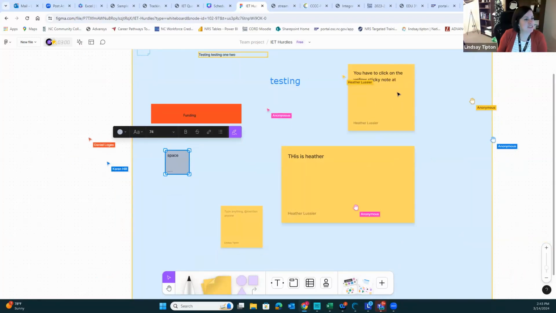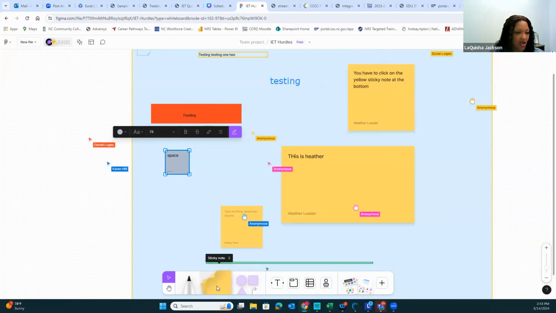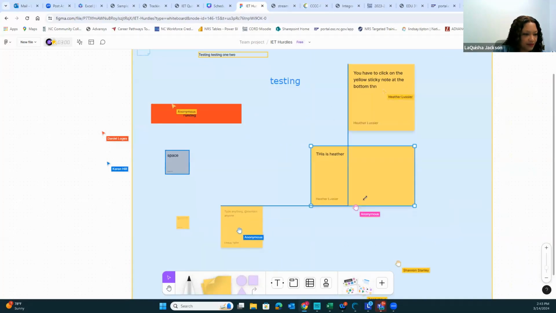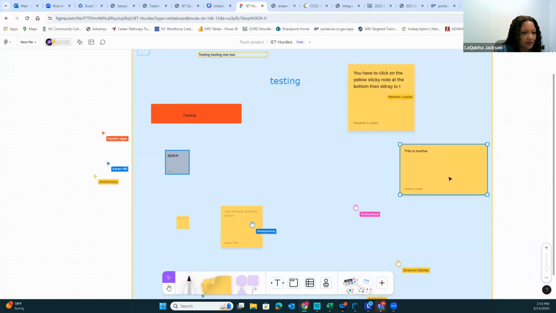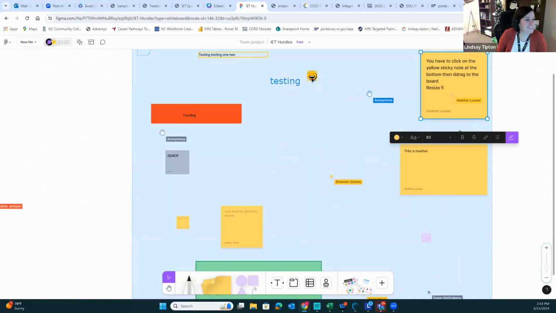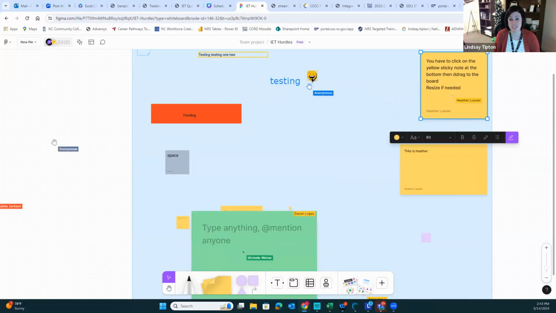Oh, Heather says you have to click on the yellow sticky note at the bottom and then drag it to the board. Oh, I like this, the laughing face. I don't know how somebody did that, but it's great.